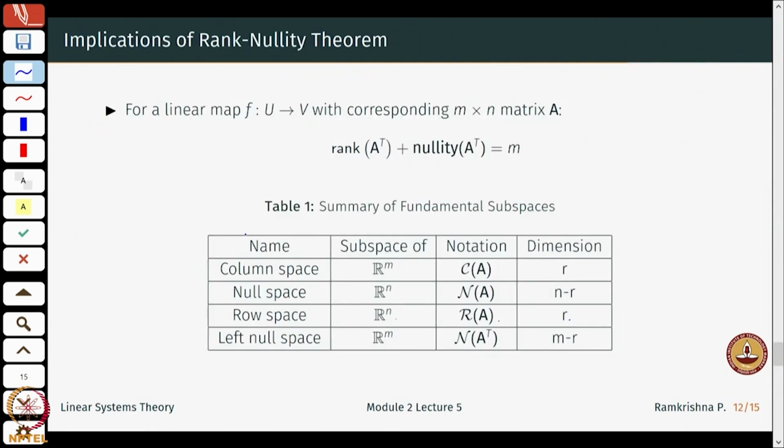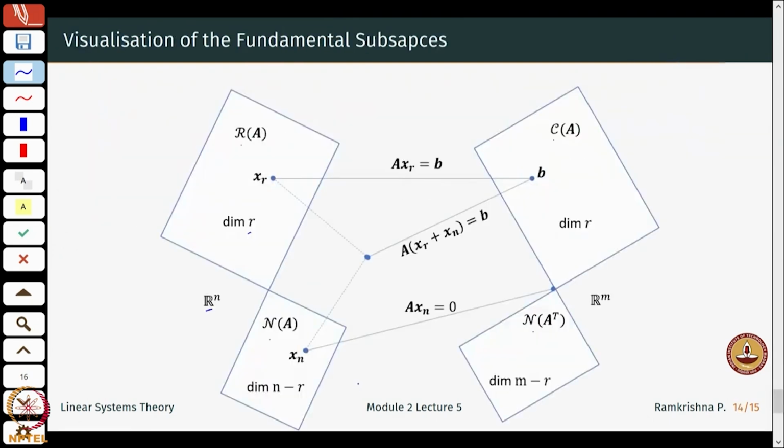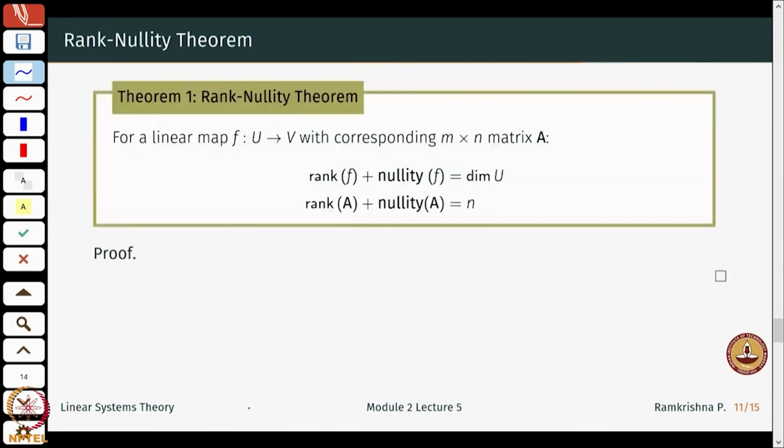Then the null space of A is also a subspace of Rn and of dimension n minus r. Together, the dimension of the row space of A plus the dimension of the null space of A is n, the fundamental theorem which we had earlier, right. So the rank of A plus nullity of A is equal to n.